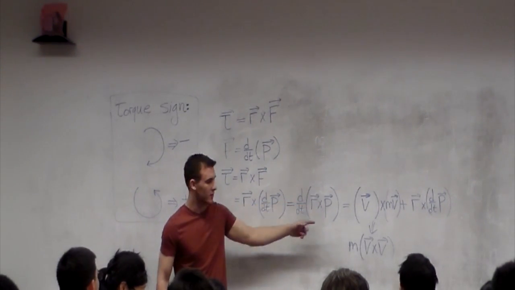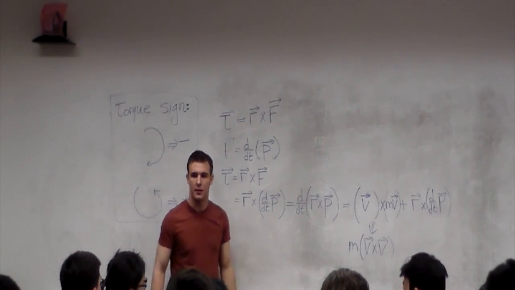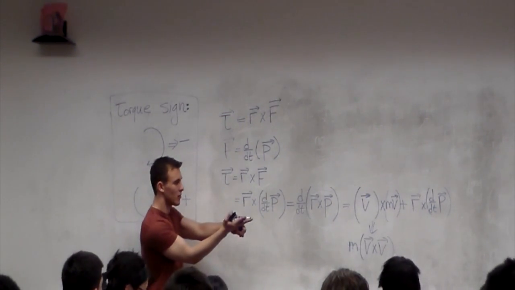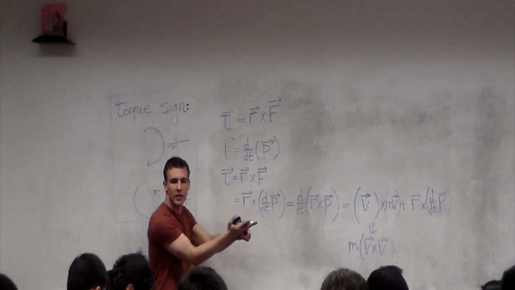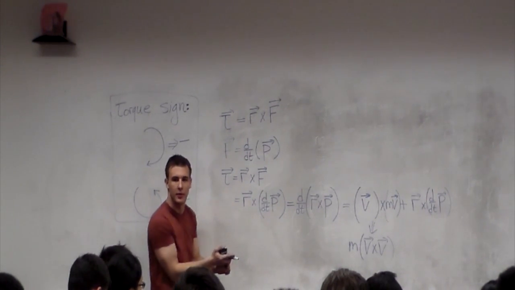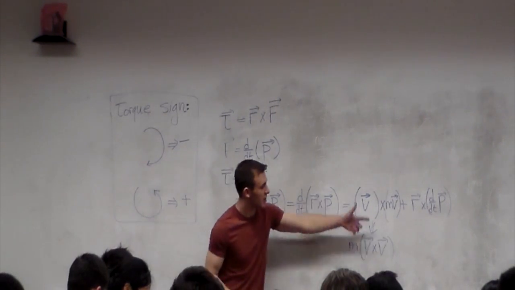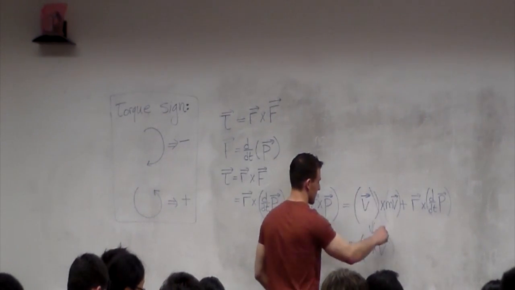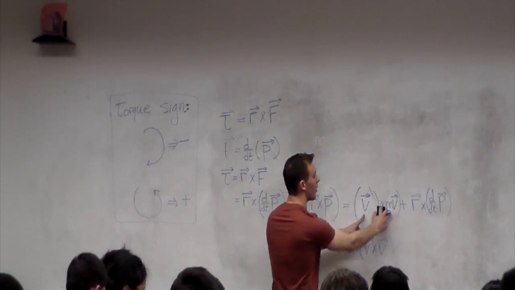Vectorially, they're the same. P is multiplied by a mass. So the angle between those two vectors is 0. The angle between V and P is equal to 0, because one is just m times the other one. Which means that this cross product goes away. This is equal to 0, even though neither part was equal to 0.